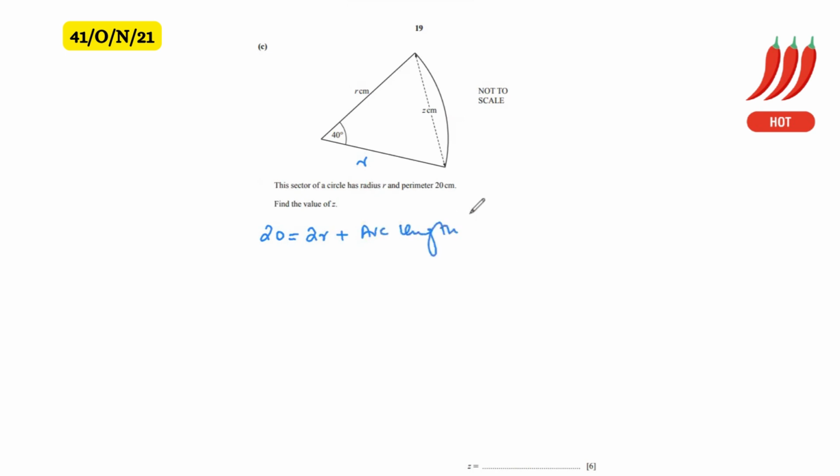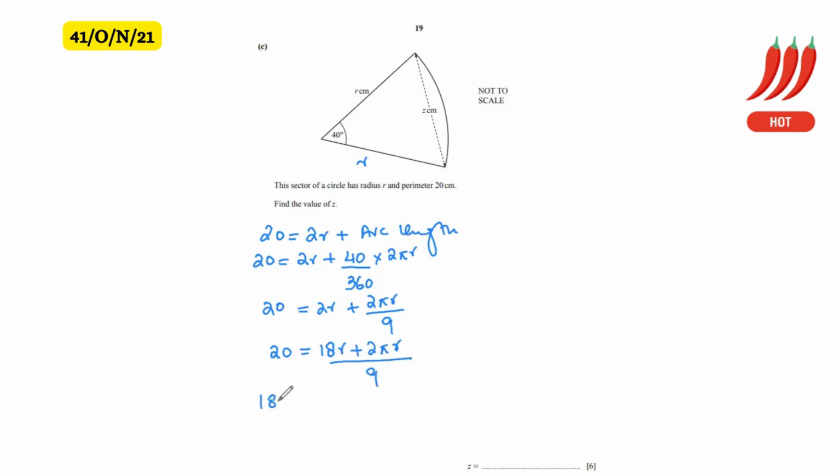So we can find the arc length because we have the angle. So that's going to be 40 over 360 times 2 pi r. So that's 20 equals 2r plus 2 pi r over 9. 20 equals 18r plus 2 pi r over 9.